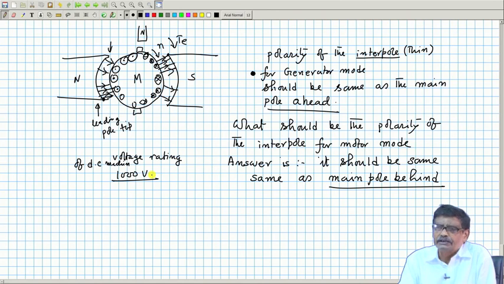But in the case of induction or synchronous machines, they can have very large voltage ratings, because there are no commutator segments, nor brushes. Commutator segments, as you know, are thin copper strips separated by thinner mica insulation.